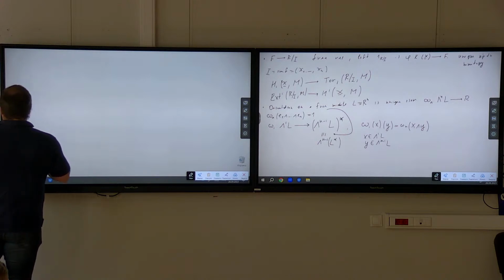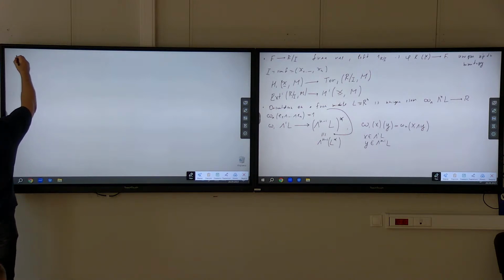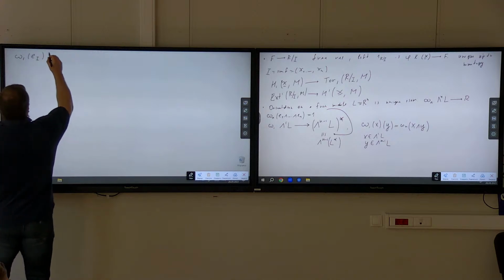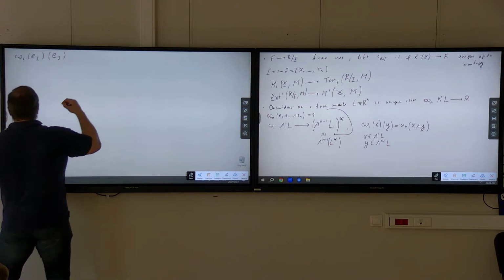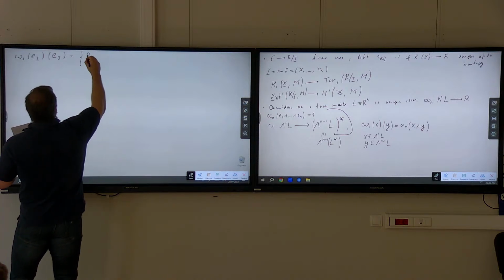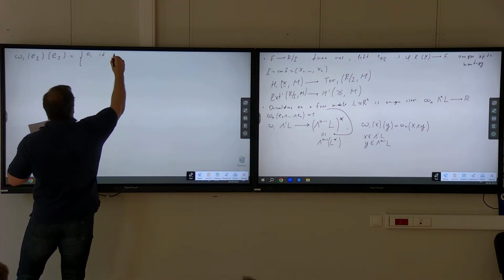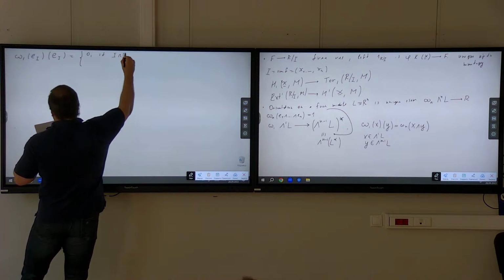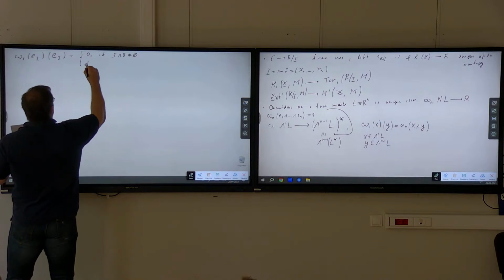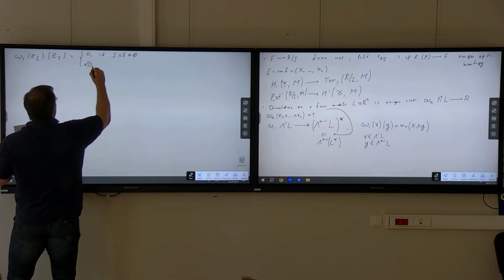Okay. Maybe I should just mention that if you want this in terms of formulas, you can write the formula. If you apply omega I to the monomial with multi-index capital I, and you want to compute this on another monomial with multi-index capital J, well, if you do the computation, this will be 0 if I intersect J is not empty. And it will be some sign, let me call it sigma IJ, if the intersection is empty.